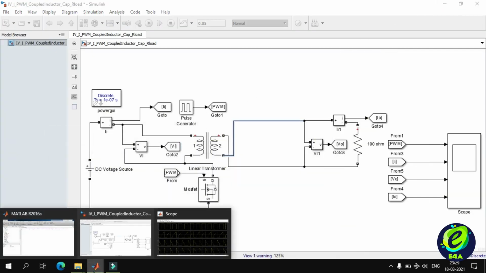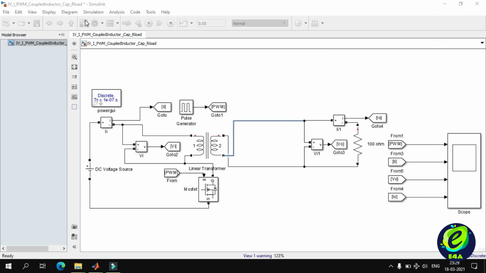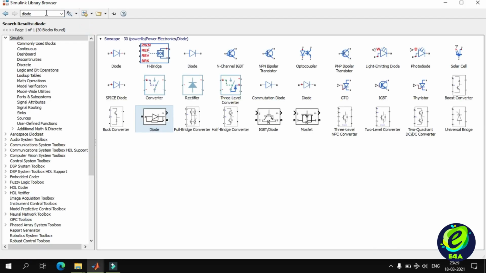Before placing the capacitor, let us place a blocking diode and check if there are any changes in the output waveforms.